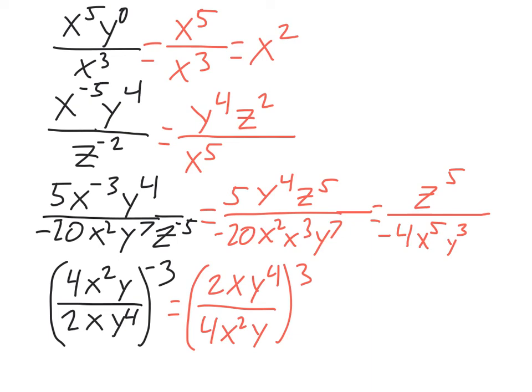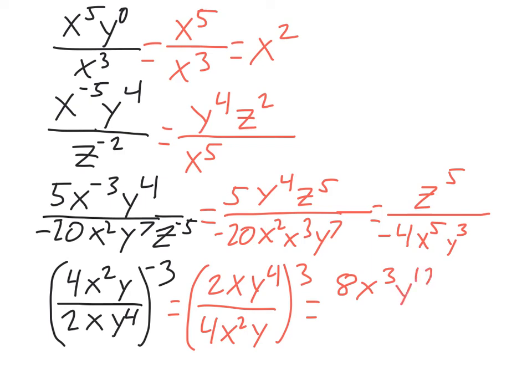Now, we're going to raise everything to the third power. 2 to the third is 2 times 2 times 2, which is 8. X to the third power is x to the third, or x cubed. y to the fourth to the third, multiply the exponents.